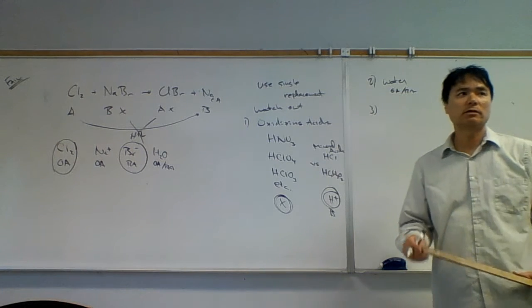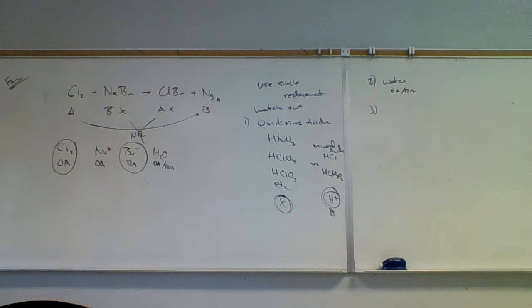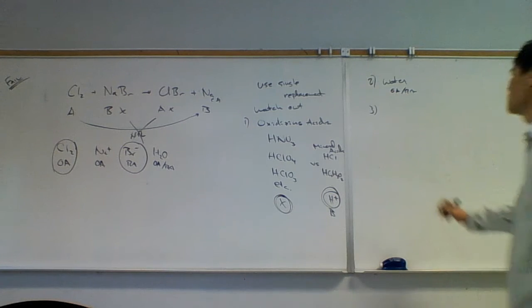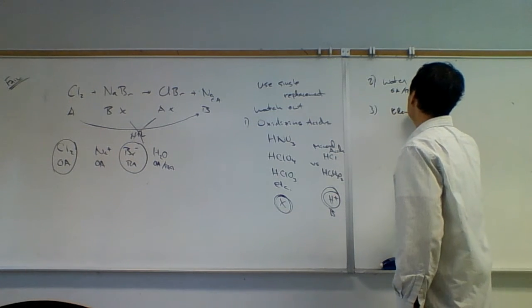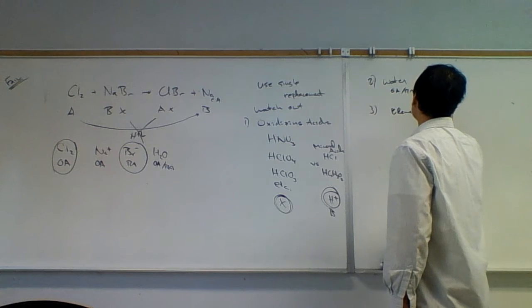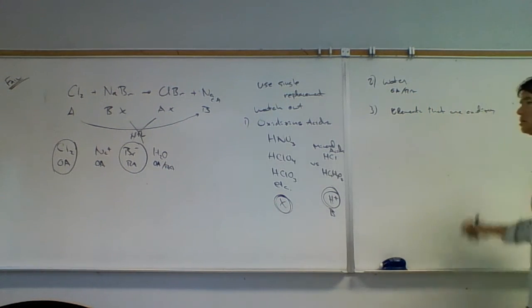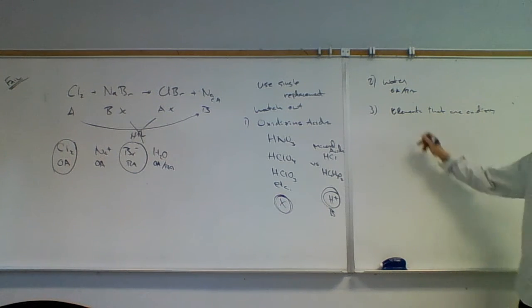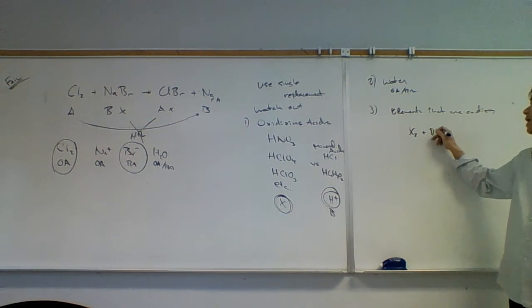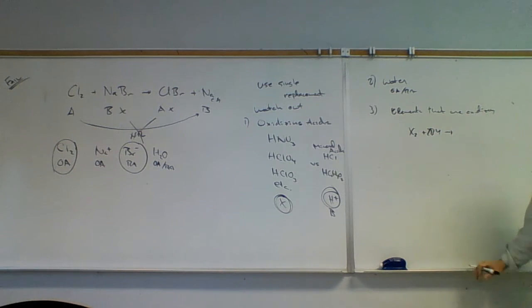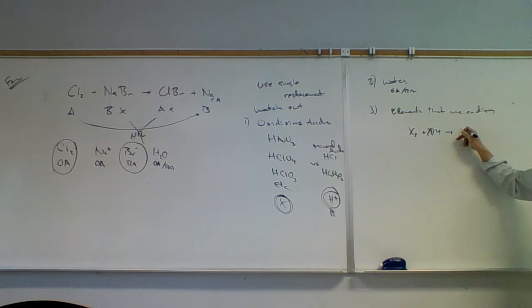And 3, what else do you watch out for? You watch out for when A is not a reducer, but A is actually a strong oxidizer. And so you got to watch out for elements that are oxidizers. For example, in Chem 1A, they might give you the X2 plus 2BY pattern, which gives you 2BX plus Y2.